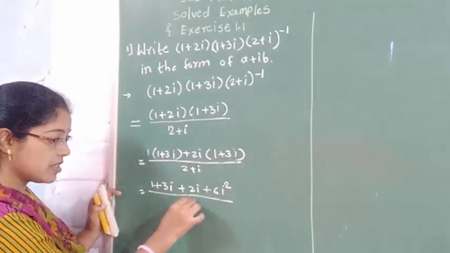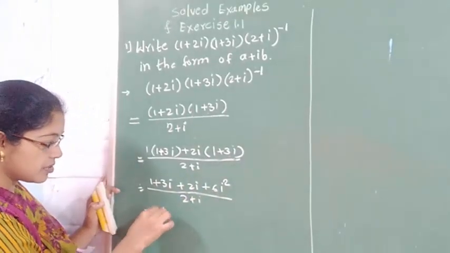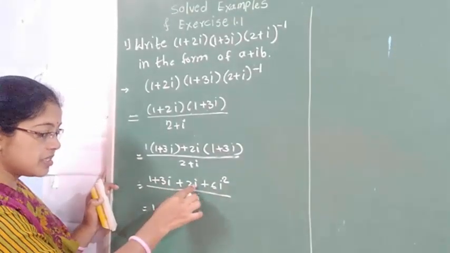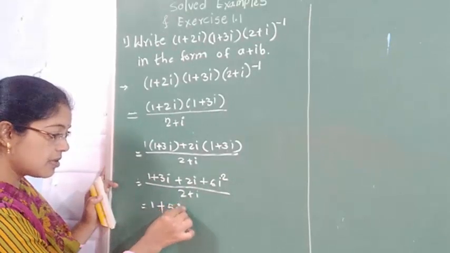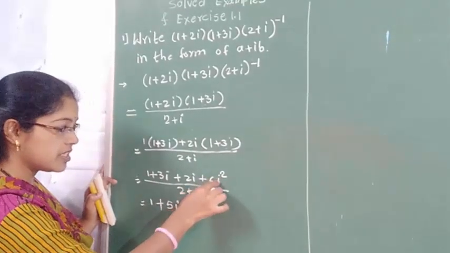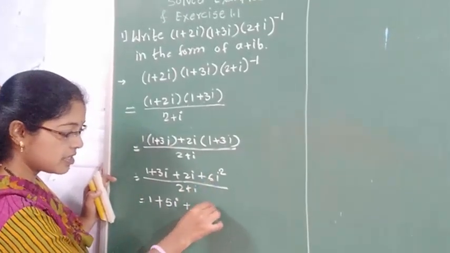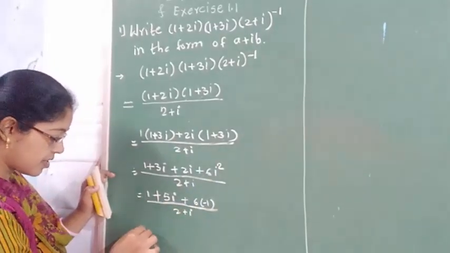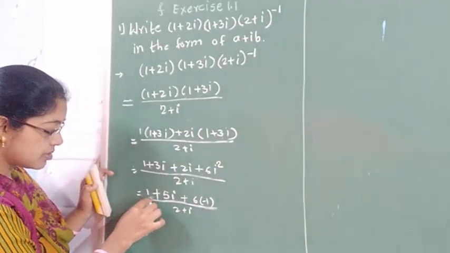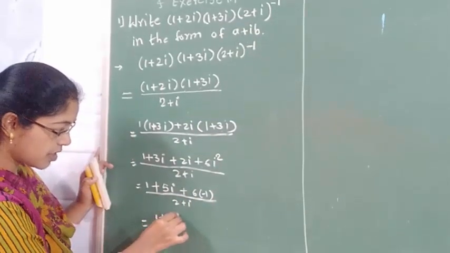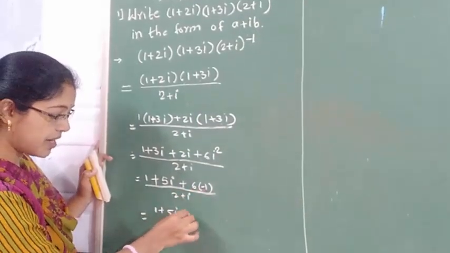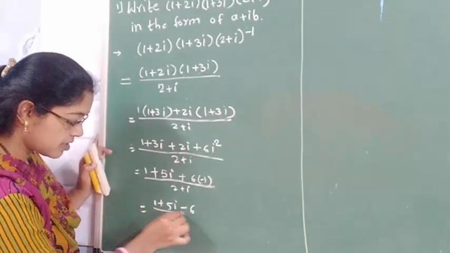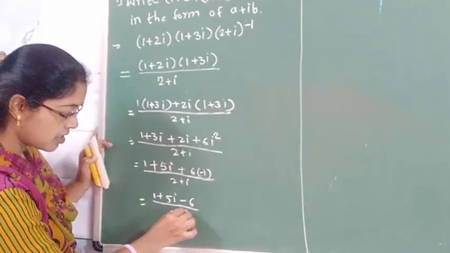Now, divided by 2 plus i. So this is 1 plus 3i plus 2i is 5i, then plus 6i square. i square is minus 1. So this is 1 plus 5i plus 6 into minus 1 is minus 6, divided by 2 plus i.